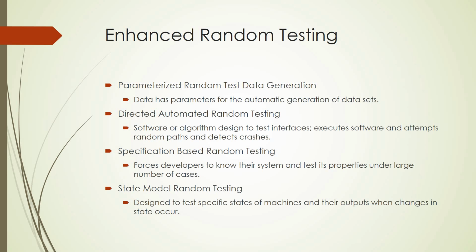So since automatic random testing can have some drawbacks, there's the enhanced random testing, which pretty much predetermines how the randomization of data is going to be done. So we have parameterized random test data generation, which in short is we're going to set specific parameters for our test generation software.